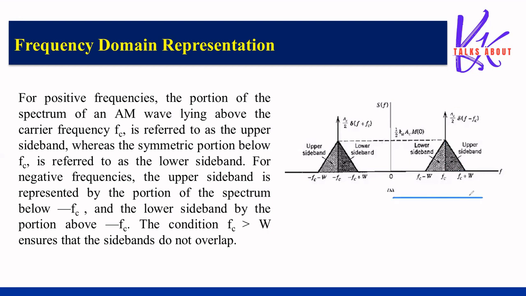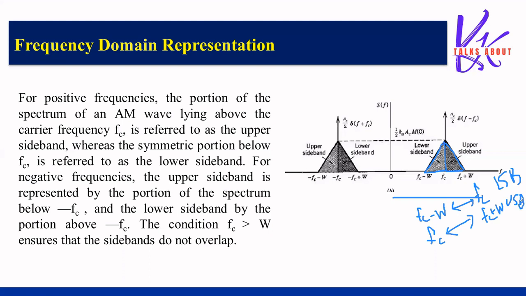For the positive frequencies, above Fc we call it the upper sideband, and below Fc, that is from Fc minus W to Fc, we call it the lower sideband, that is LSB, whereas Fc to Fc plus W we call the upper sideband on the positive frequencies.